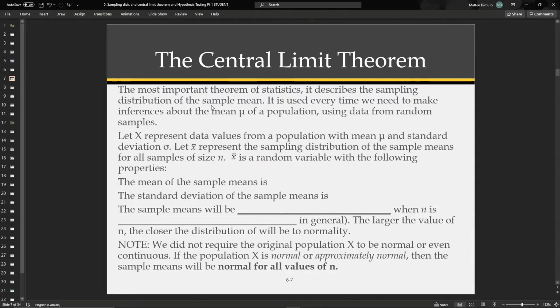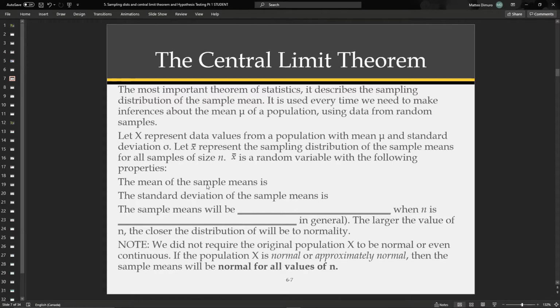It is used every time we need to make inferences about the mean mu of a population using data from random samples. Let X represent data values from a population with a mean of mu and a standard deviation of sigma. Let X bar represent the sampling distribution of the sample means for all sample sizes of n. X bar is a random variable with the following properties.